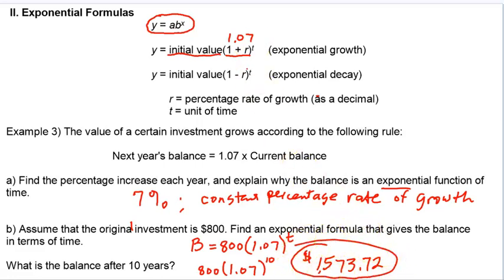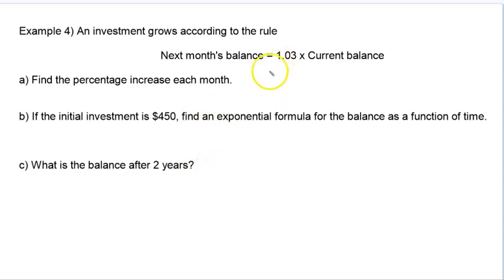All right. Next example, it's very similar. Looking at this rule, the percentage increase would be the 3%. If an initial investment of $450 is made, let's write a formula. So our ending balance will be taking the initial balance, multiplying by 1.03 raised to the number of years power.